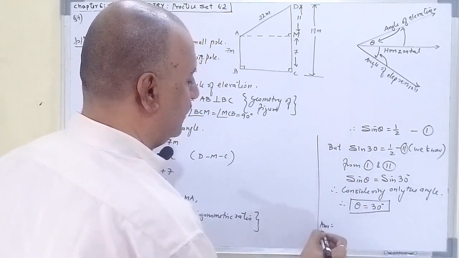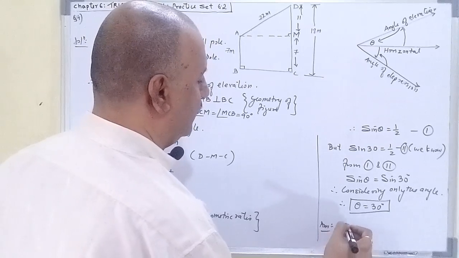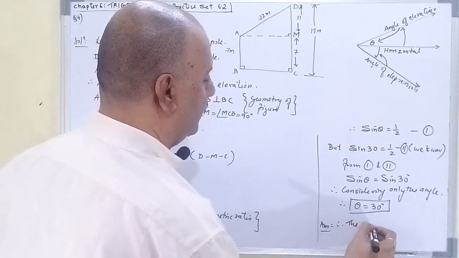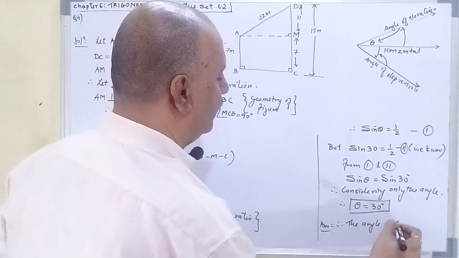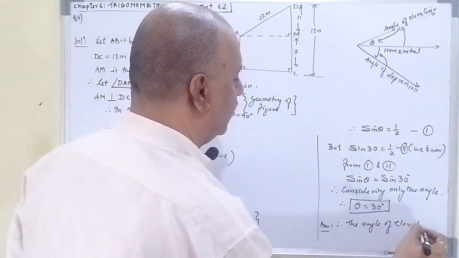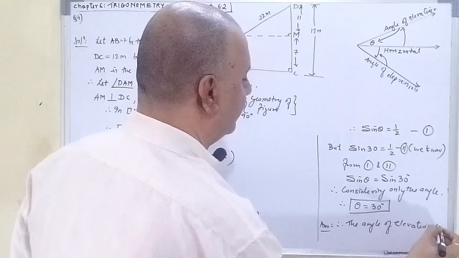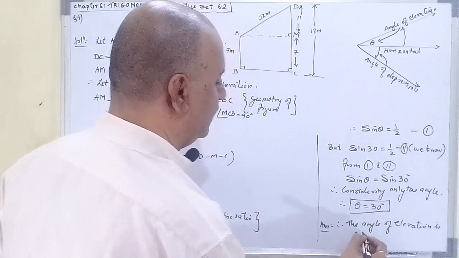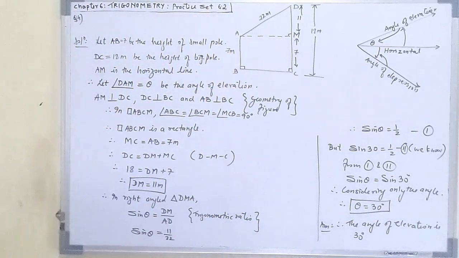Answer, therefore the angle of elevation is 30. Fourth question completed.